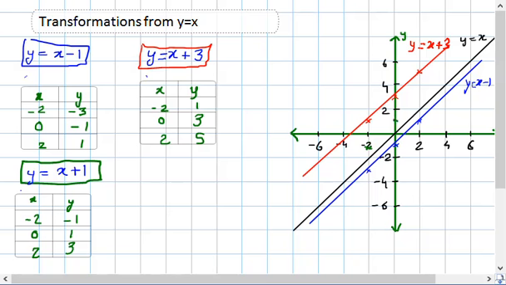So that gives us a point here. And when x is 2, y is equal to 3. So that gives us a point here. So all we have to do is connect these dots now, and we'll get the line. So that's our line for x plus 1.